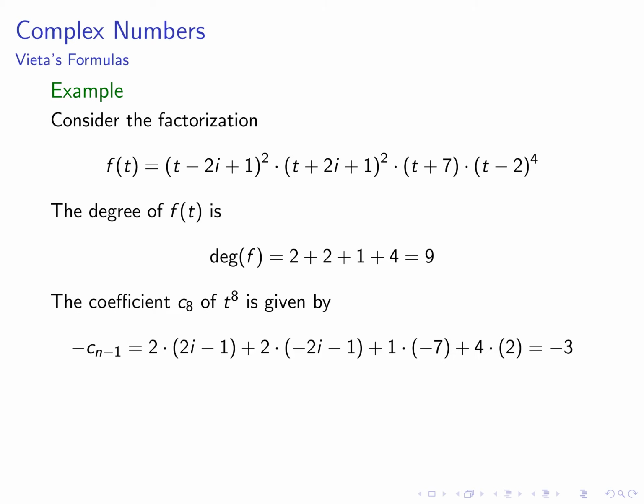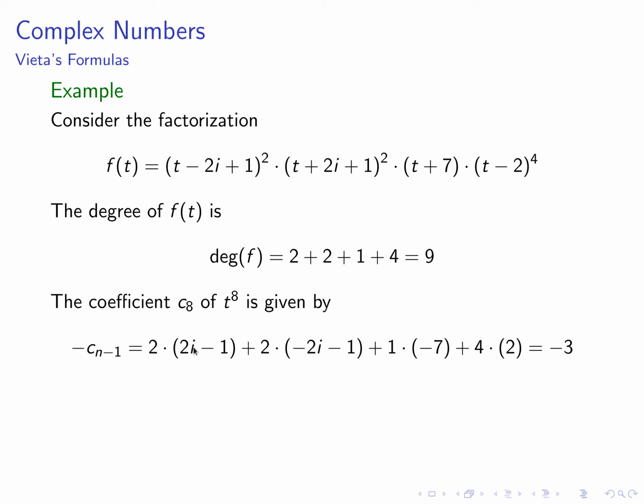And Vieta's formulas in this case tell us what the coefficient of t to the 8 would be, should we multiply out all of these terms in the fundamental theorem of algebra. It says that the coefficient c sub 8 negated should be equal to the sum of the roots where each root is multiplied by its multiplicity.